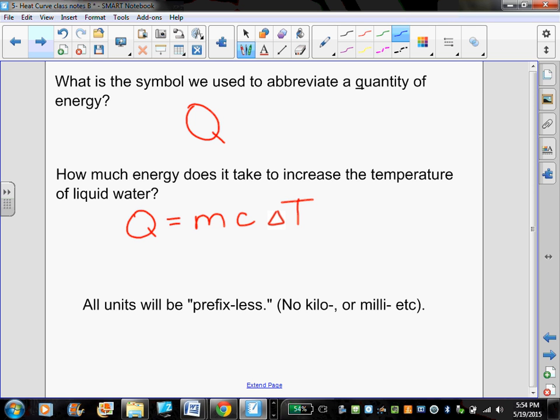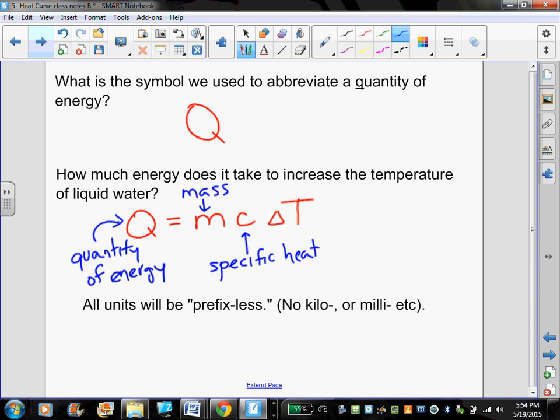So Q refers to our quantity of energy. The amount of energy that we've got is always going to go in for Q. What is M? Well, M refers to mass. Lowercase c was that specific heat constant.